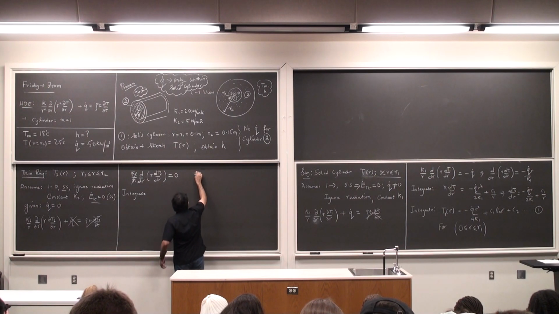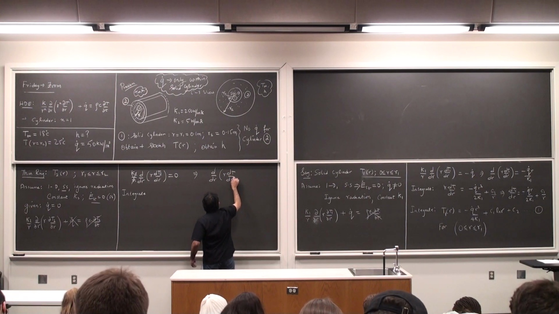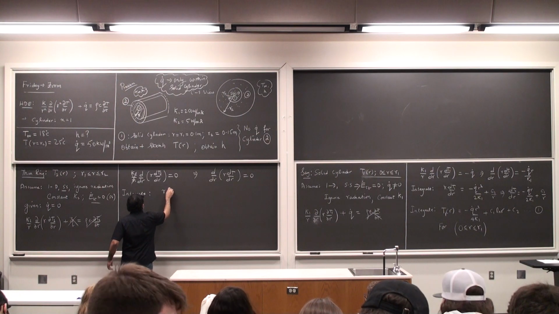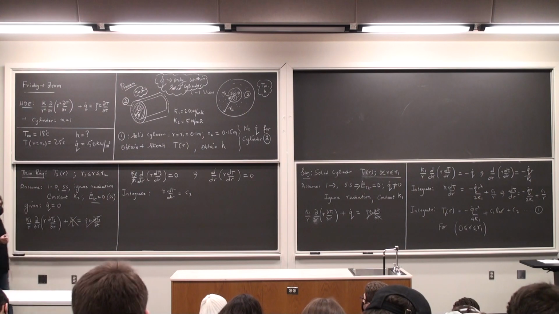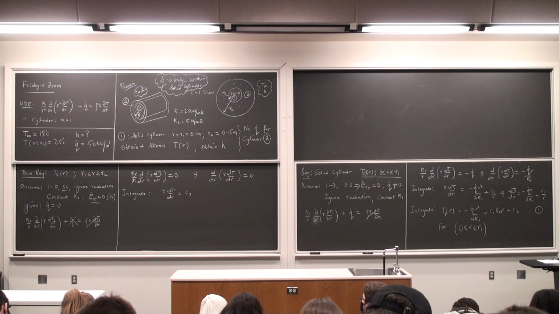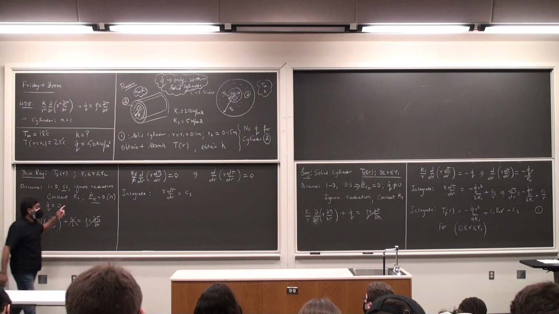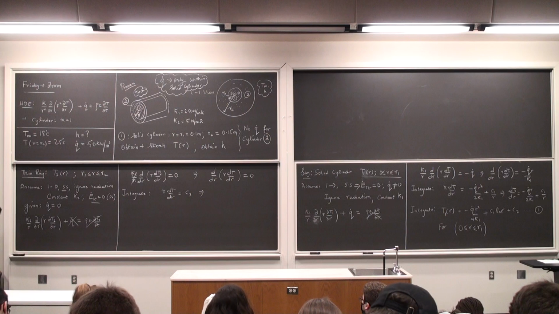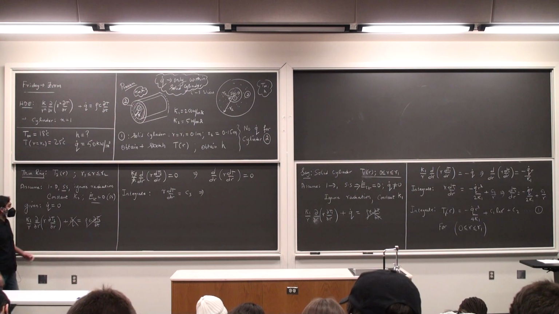So r times dT by dr, if I do the first integration, becomes a constant because I have 0 on the right hand side. That is a different constant from the C1 and the C2 that we evaluated previously, because the material is different, and the heat generation is also different in this situation, so the constants will not be the same.